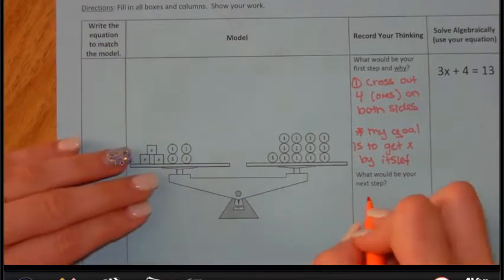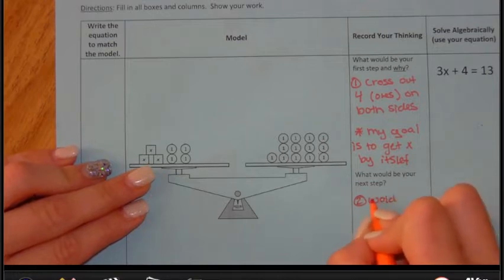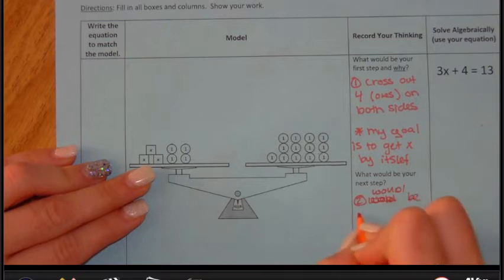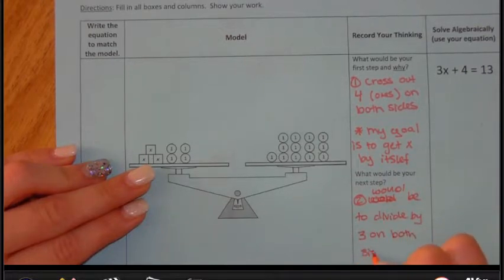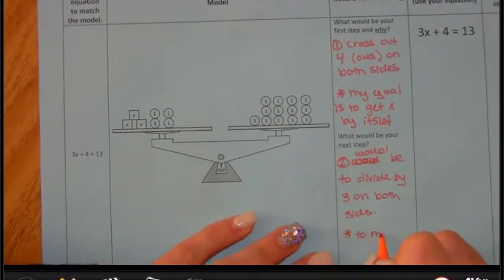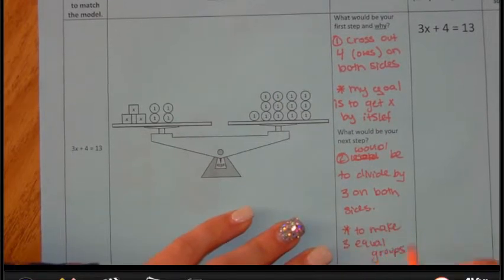And then what would your next step be? So my second step would be to divide by 3 on both sides. Okay, and this is to make 3 equal groups.